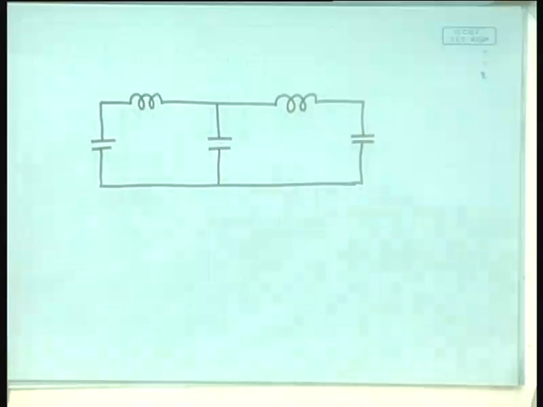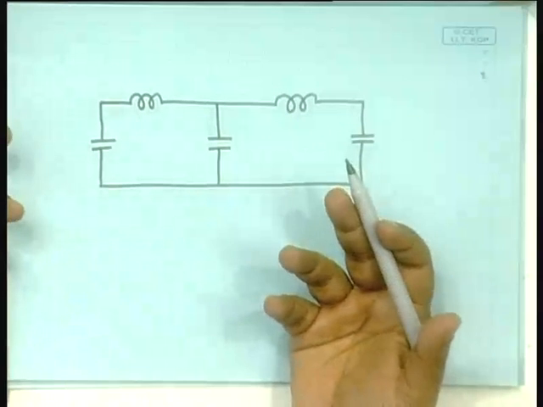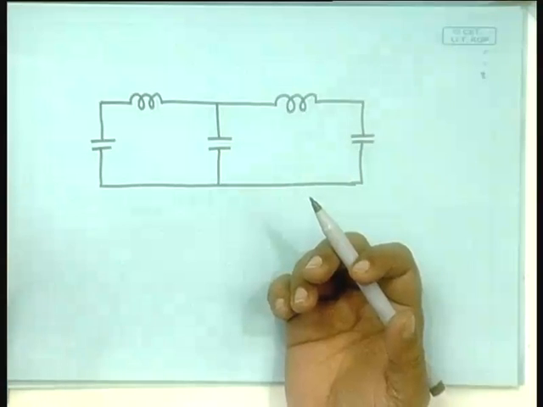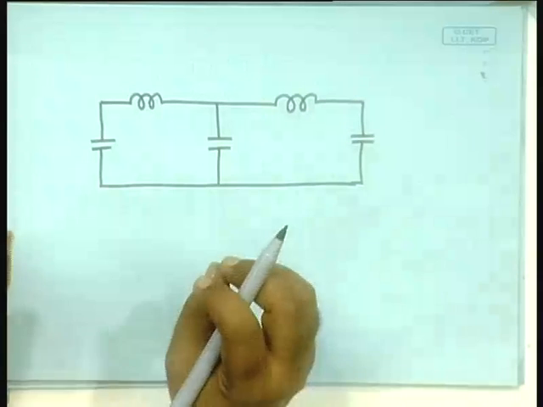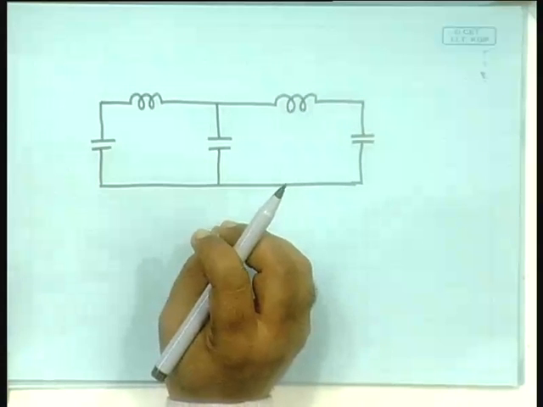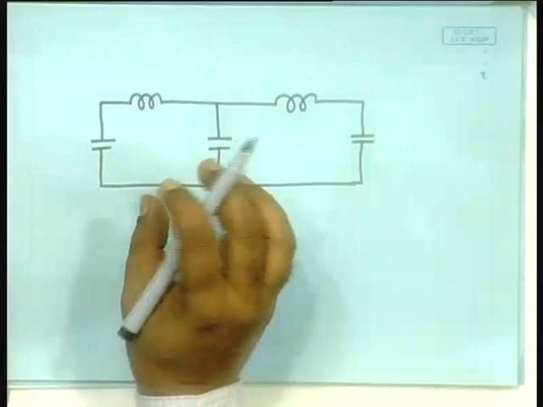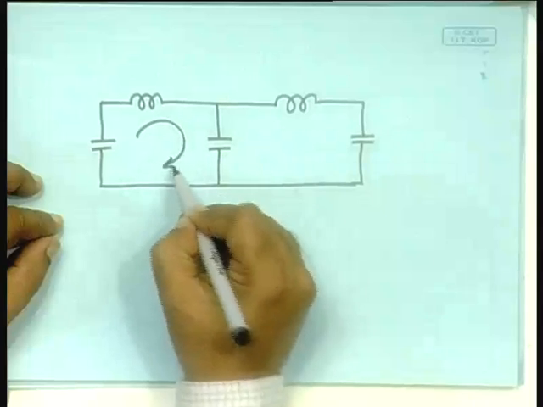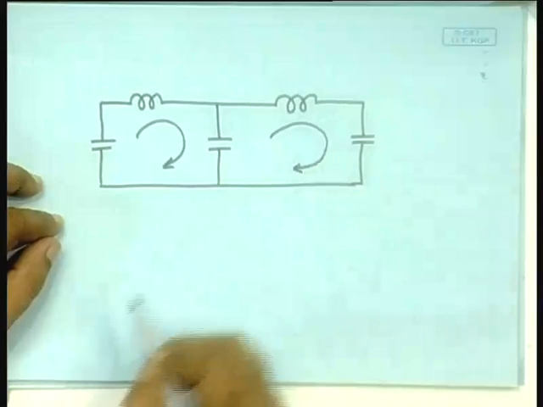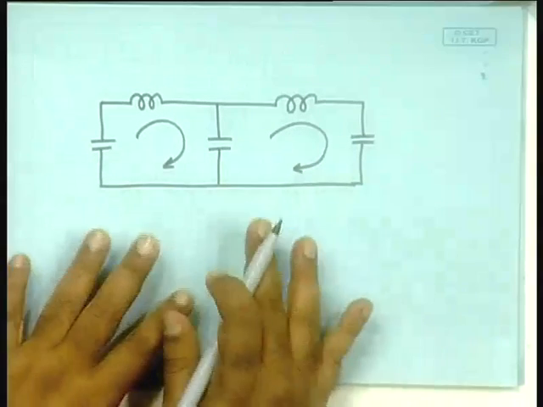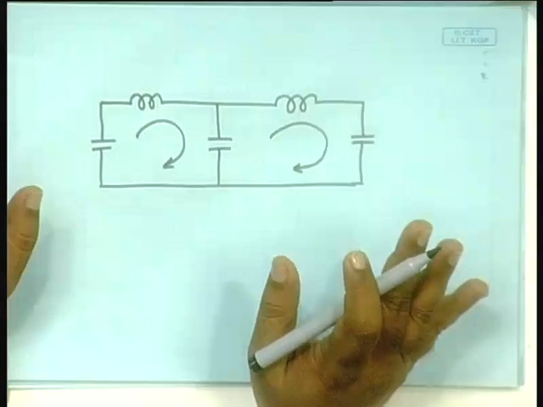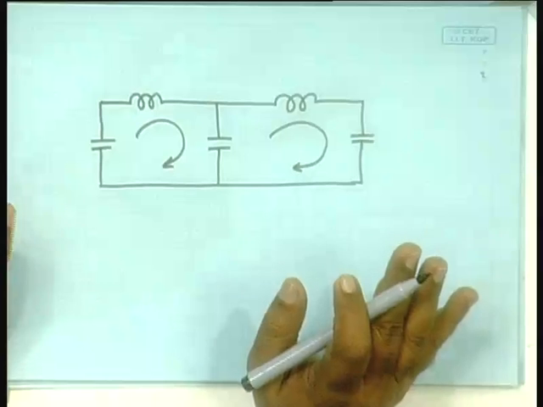Now, anything could be taken as the minimum number, but from your first year knowledge of electrical circuits course, you probably have learned that one simple possible solution to this problem is simply to consider the charges flowing in the loops, like so. At least it is guaranteed that there would be the minimum number of independent coordinates.